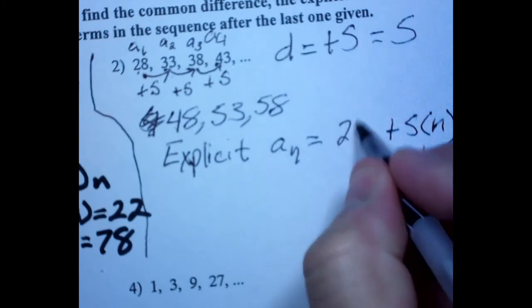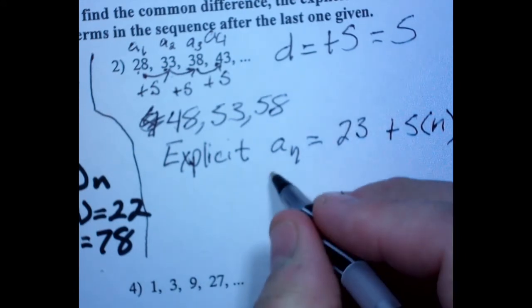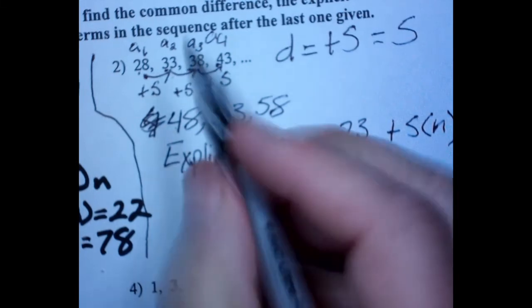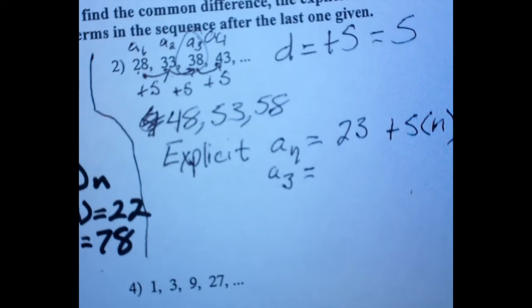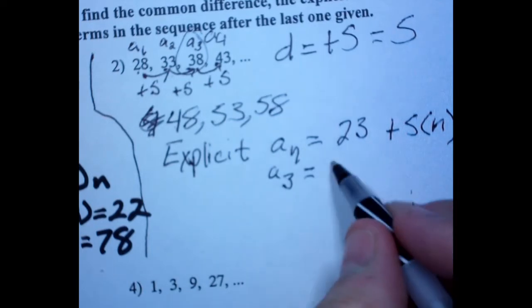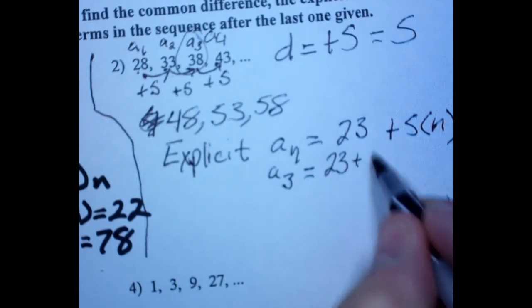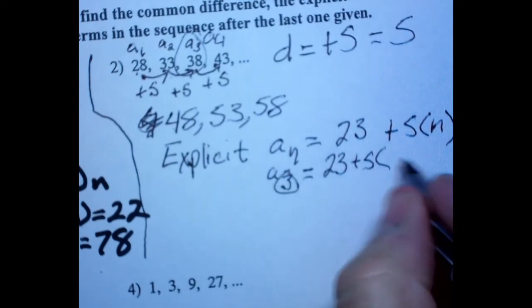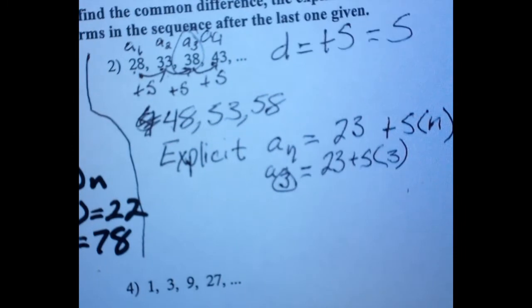23. Now, what's cool about this is if I wanted to figure out my a sub 3, right? We know that a sub 3 should be 38. If I've done my formula right, that means I'm going to get 23 plus 5. Wherever there's an n, I'm going to plug in the number 3. 5 times 3.